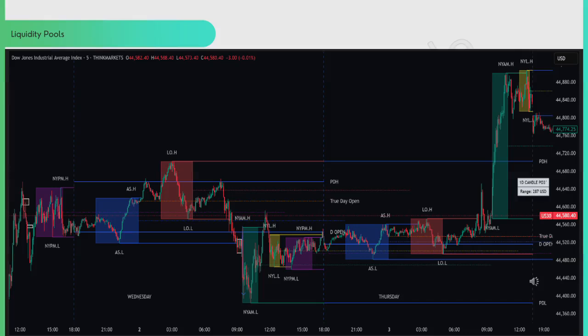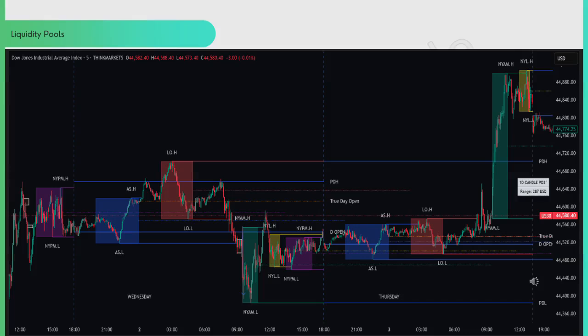The one in the red color would be the London high and the London low. The New York AM would be the New York morning session high, and New York AM low would also be the New York morning session low, then followed by the New York lunch high, New York lunch low, and then the New York evening session high and evening session low, and that's how it repeats on a daily basis.